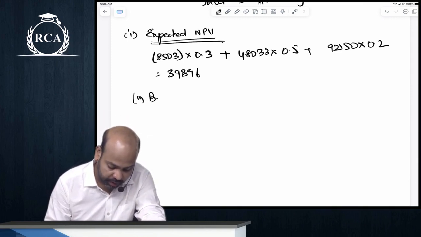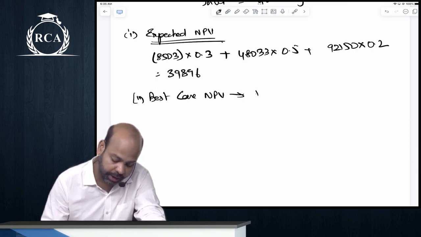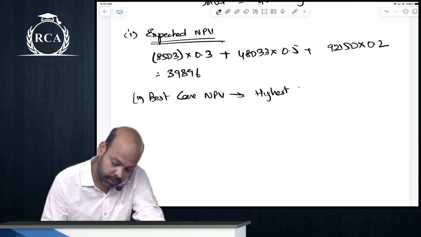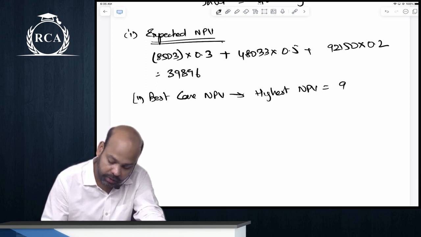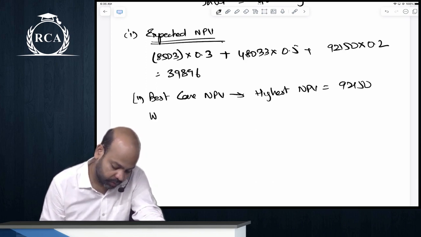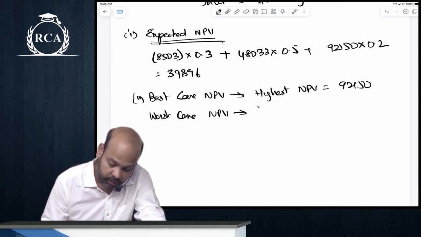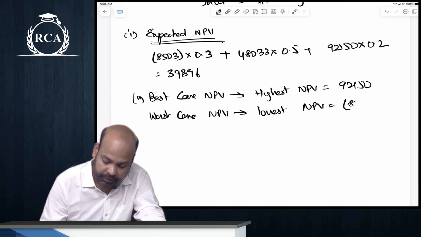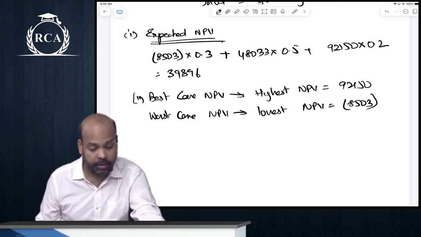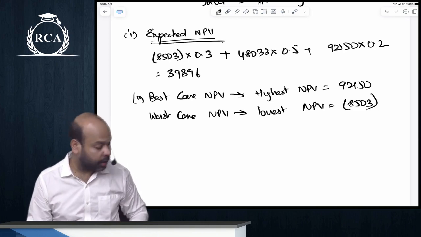Best case NPV is what? The highest NPV. What is your highest NPV, guys? 92,150. Worst case NPV is the lowest NPV. Your lowest NPV is negative 8503. These are the answers to the first two bits.